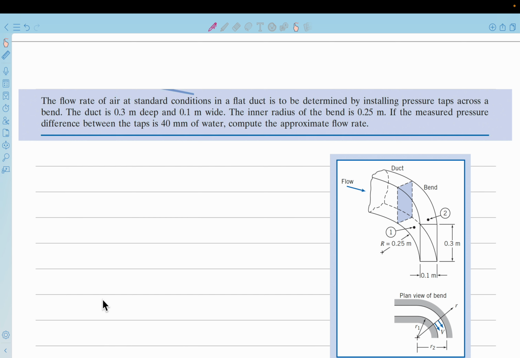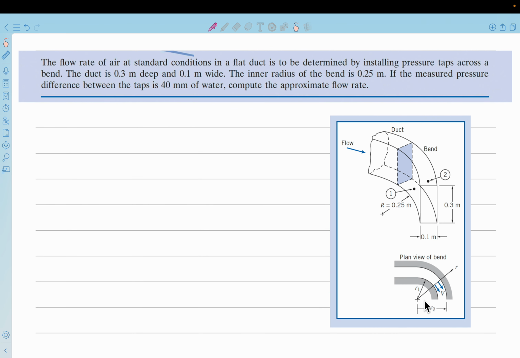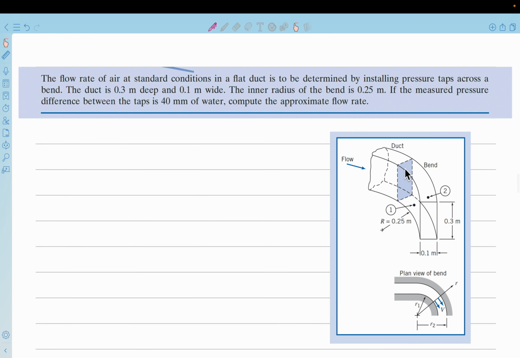Yeah, what we have is a curved duct, what you can see over here. So this is the top view and this is a three-dimensional view. In fact a cross section of this duct is rectangular, but there is some curvature, there is a bend. Okay, so the flow rate of air in the standard conditions in a flat duct is to be determined by installing pressure taps across the vent.